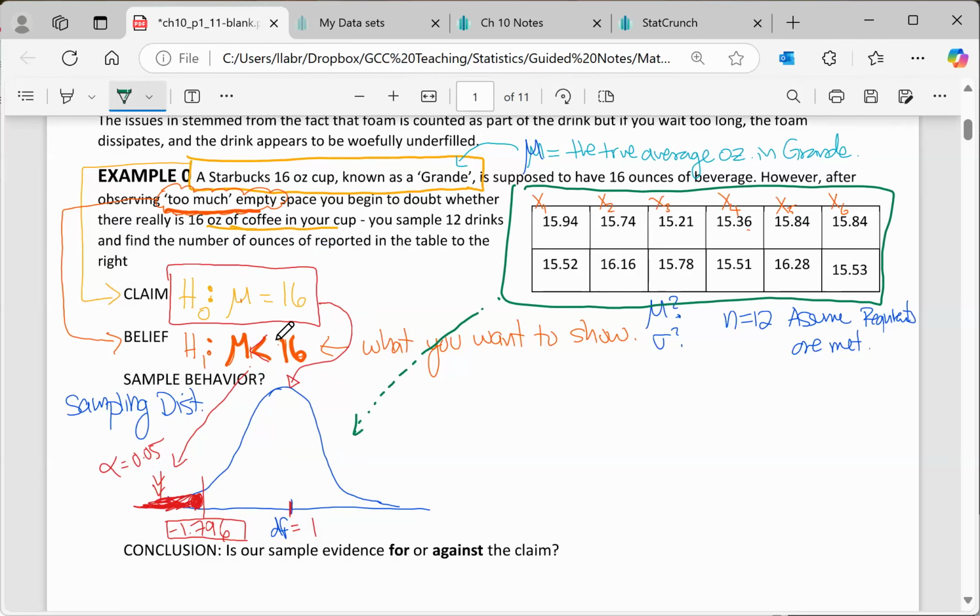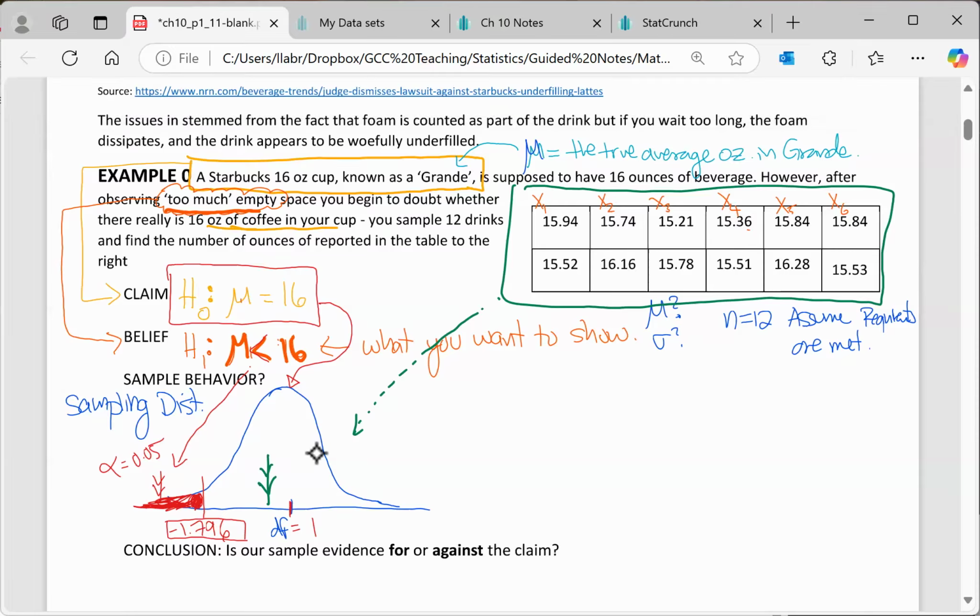In other words, supporting my claim that, yeah, I knew we were going to get a mean that's very small. Or are we going to land in the non-red region? So that would be non-critical. And remember, if you land here, then that's not unusual at all because that's what Starbucks was saying all along. In this distribution, we're going to land somewhere here nearby. And that's more or less how we will perform this test.